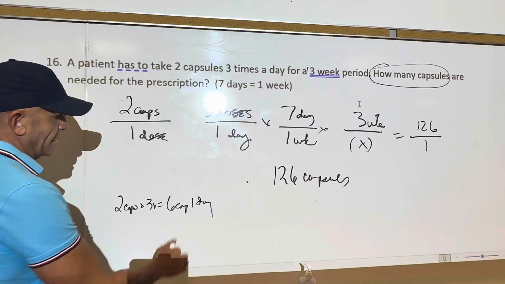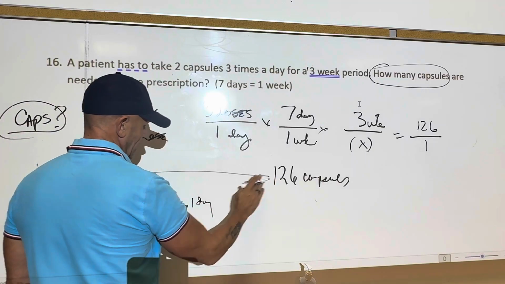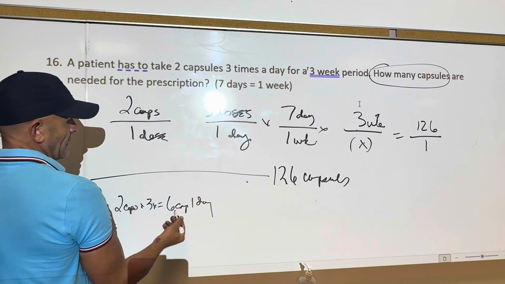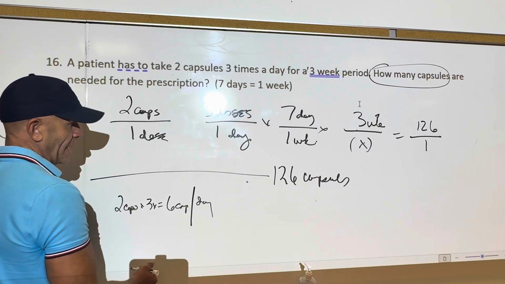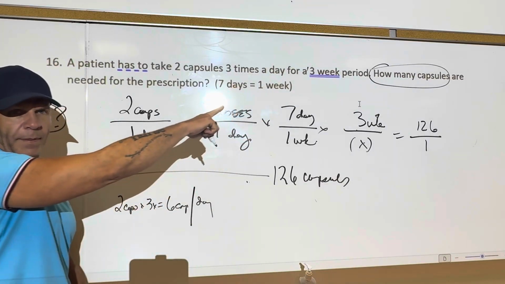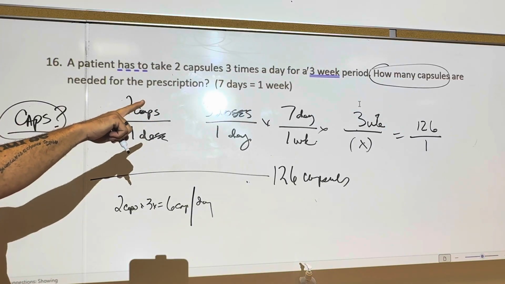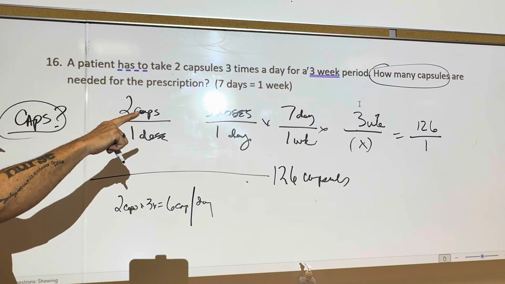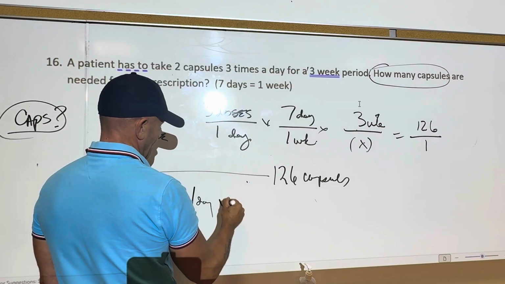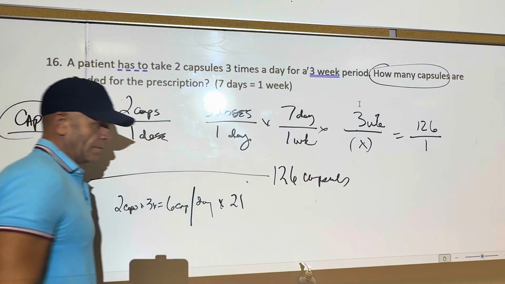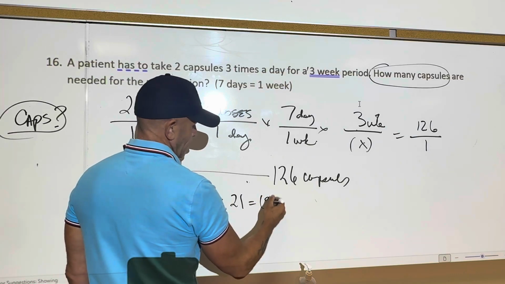Right? This is just proofing your work. This is nothing else. It's just proofing your work. 6 capsules are in a day, right? Per day. 6 capsules per day. How many days are in a 3-week period? There's 7 days in a week. How many weeks is there? 3. What, 7 times 3? 21. Equals 126.